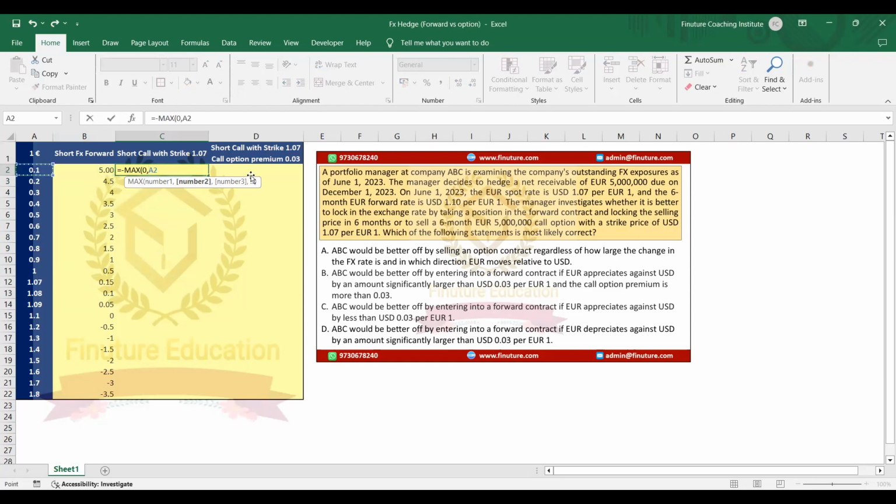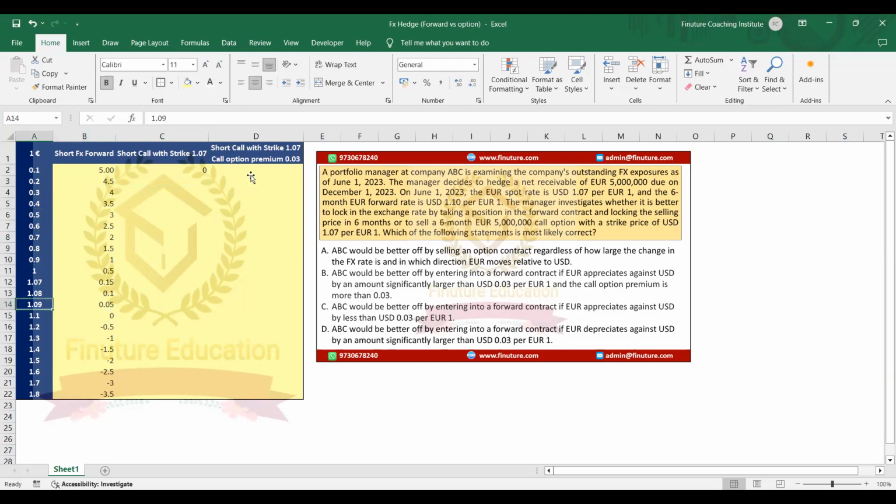Column A has various bands of market prices, and the strike price for the call option is 1.07. If they can buy euro at a cheaper price in the market, why would one exercise the call at 1.07 and buy it from you? So no one will exercise at this price point, all the way till 1.1.